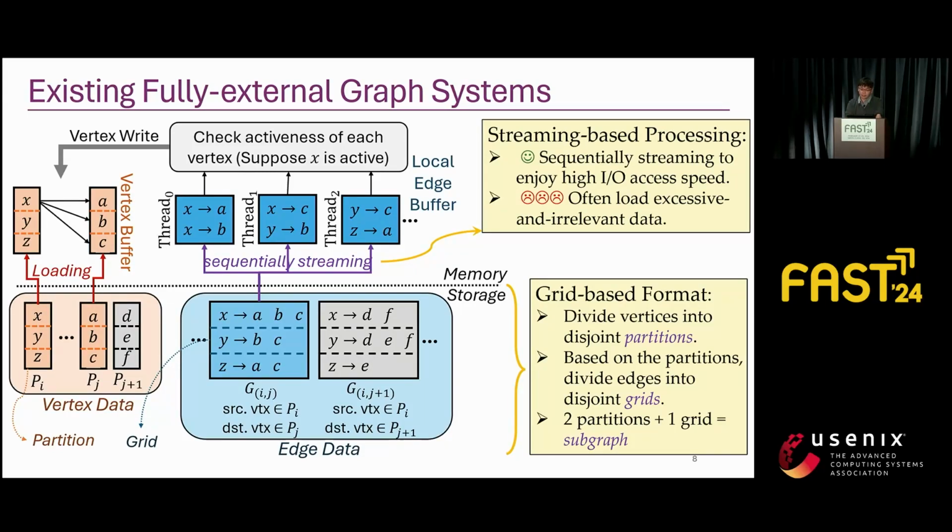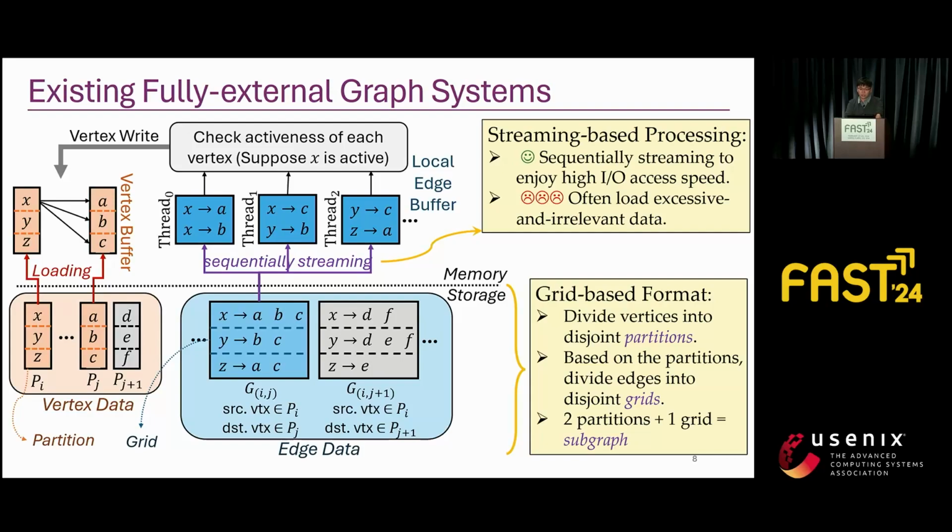But this design principle actually makes sense for traditional storage, such as the hard disk drive, because HDD has a wide gap between sequential and random I/O access speed. But modern storage, such as SSD, can actually deliver a comparable speed between sequential and random access.